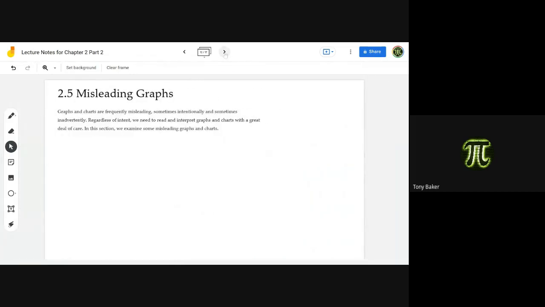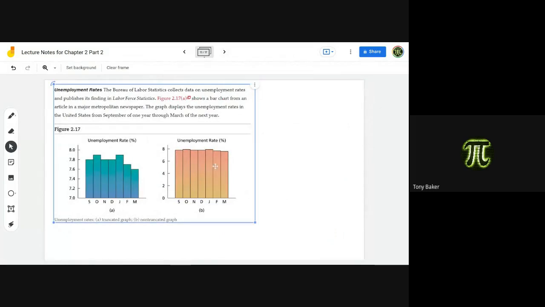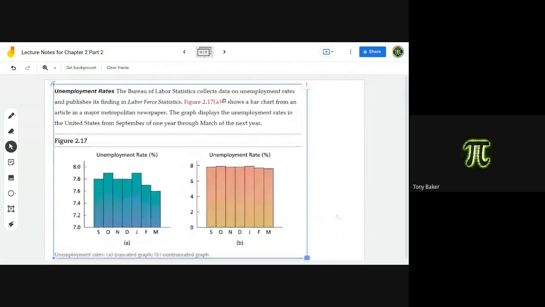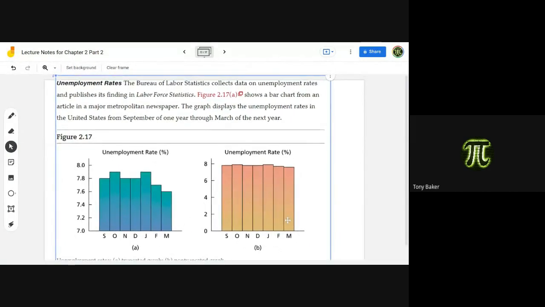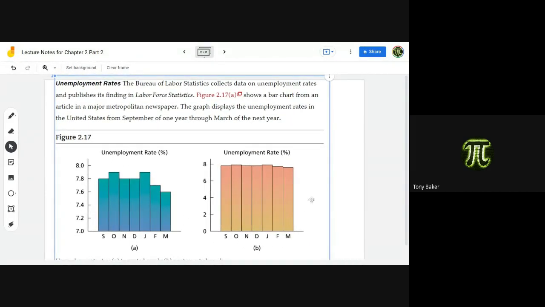All right. Misleading graphs. The lovely unemployment rates. Both these graphs are the exact same thing, the exact same data.